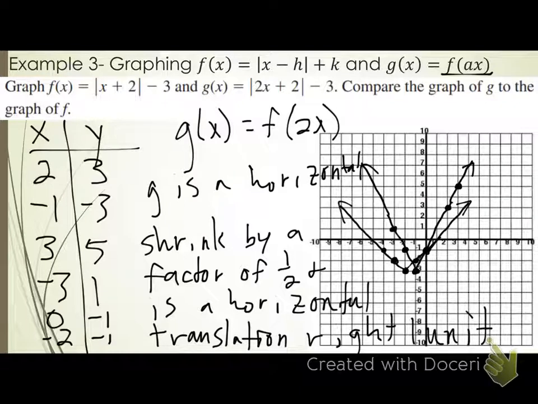Does everyone see that? Were those the only two transformations that occurred? Yep. It got shrunk horizontally, and it got translated 1 unit to the right. Any questions on example 3? Everyone good there?